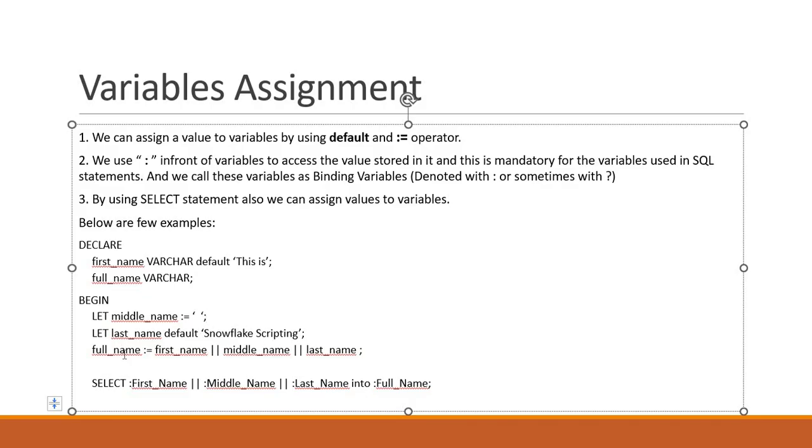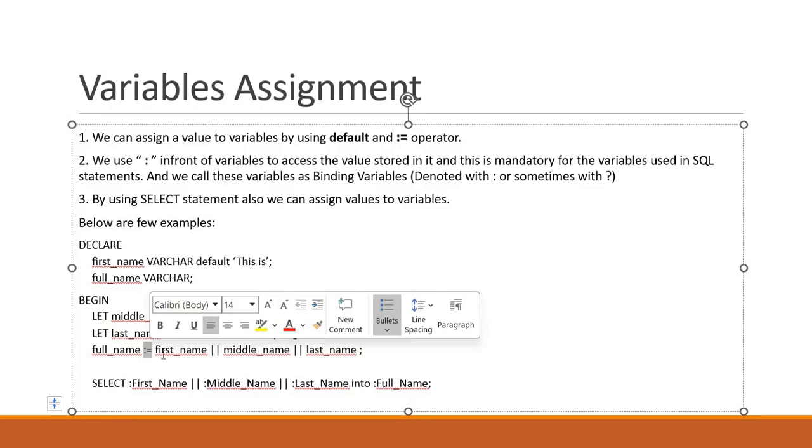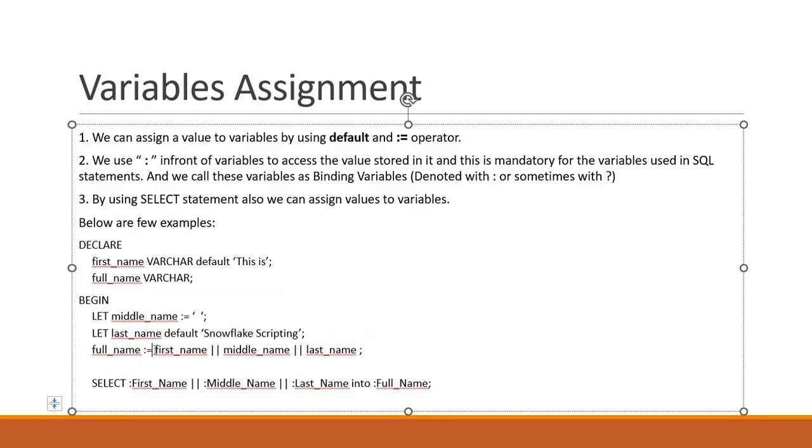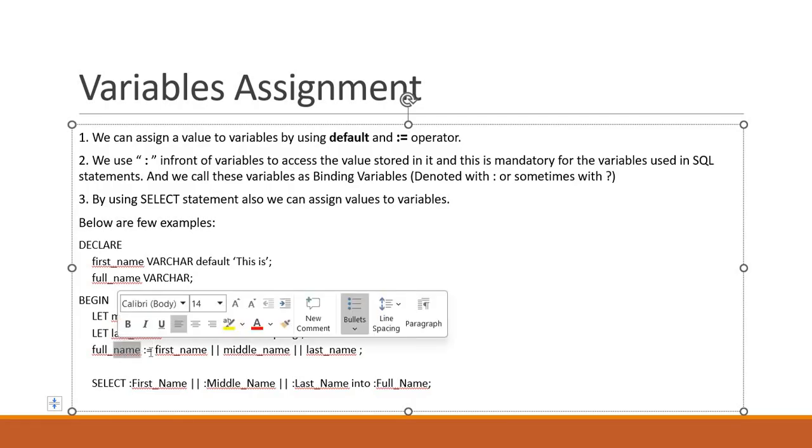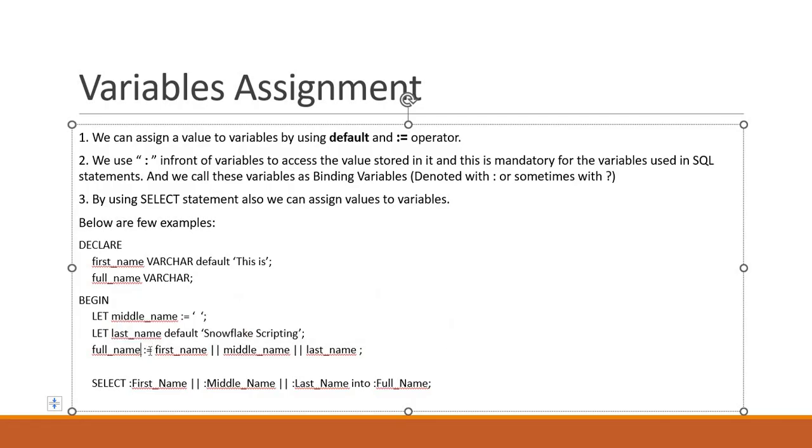Now I am doing one string operation. I am concatenating first name, middle name, and last name to get the full name. So how am I doing that? Full name equals to, okay, even while performing operations, if I want to assign an expression or value to this variable, I have to use this colon equals symbol.